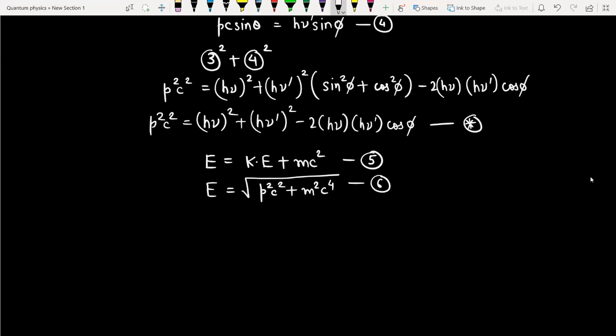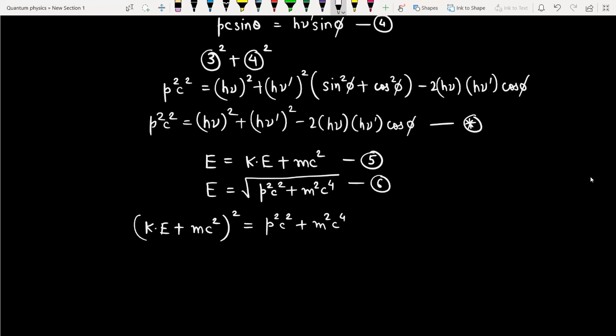Now what we do is we equate equation number 5 with equation number 6, and we square it so as to remove this under root. So we get kinetic energy plus mc square whole square equal to p square c square plus m square c raised to the power 4.